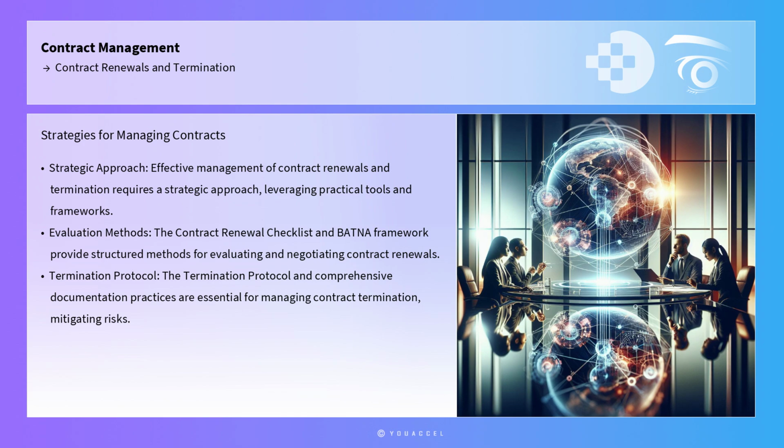Similarly, the termination protocol and comprehensive documentation practices are essential for managing contract termination, mitigating risks, and protecting the organization's interests. By implementing these actionable insights, contract managers can enhance their proficiency in contract management, ultimately contributing to the organization's success.